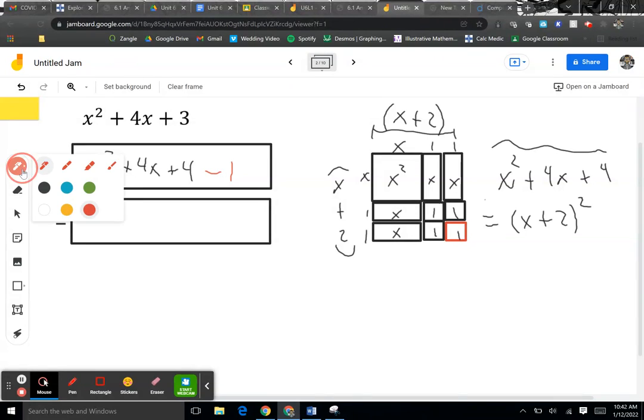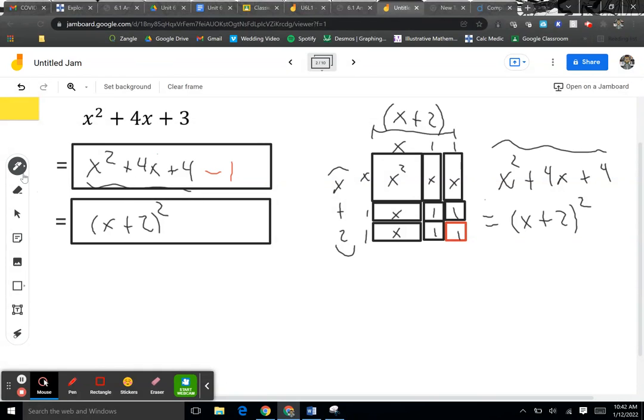All right, and we know that this expression right here, x squared plus 4x plus 4, is a perfect square. It's just (x plus 2) squared. So now I can rewrite the whole thing, take this piece right here, and write it as (x plus 2) squared.